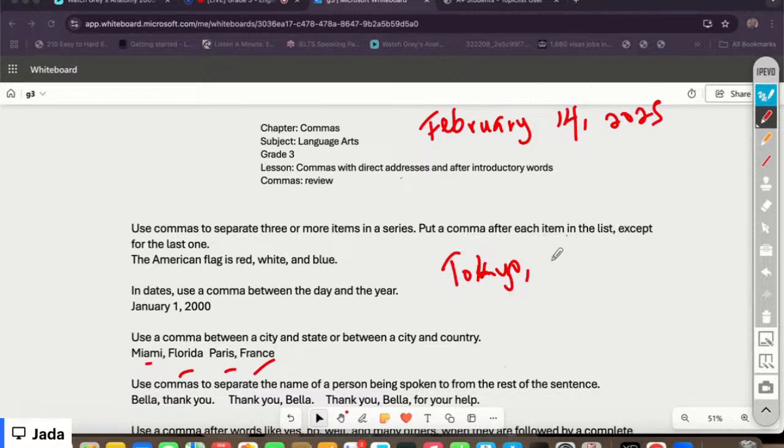Okay, good. Just like we have Tokyo, Japan, you have to put the comma in between the city and then the country. Okay, we can have Istanbul, Turkey, right? Like this.